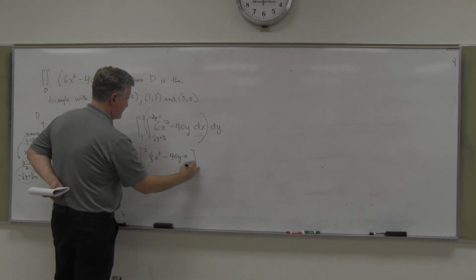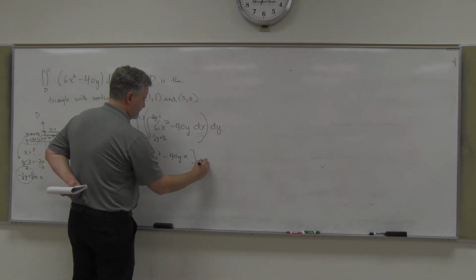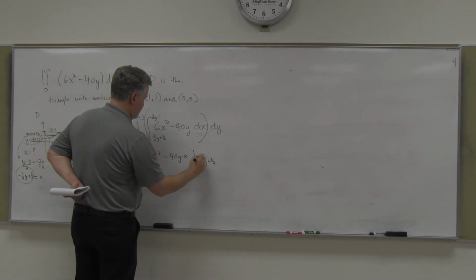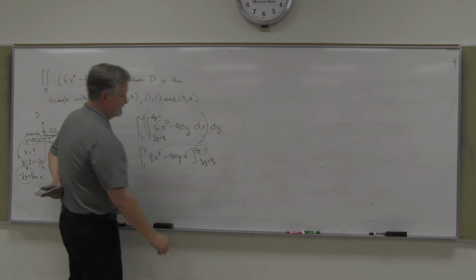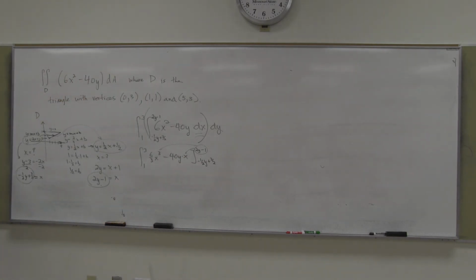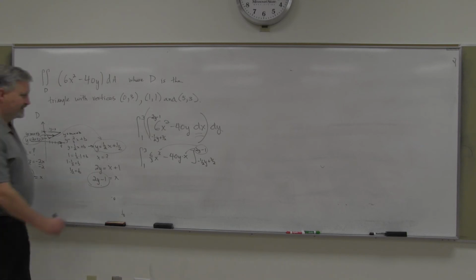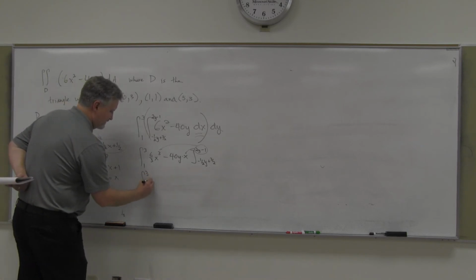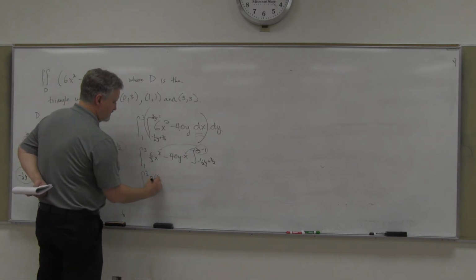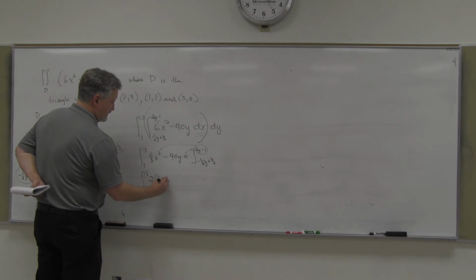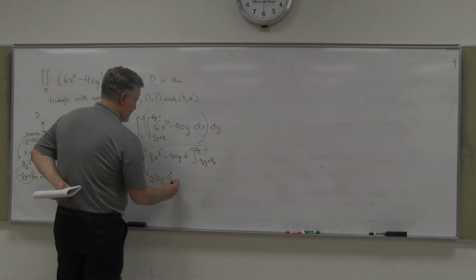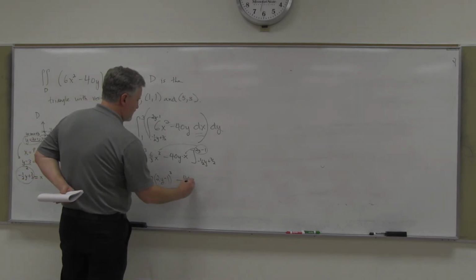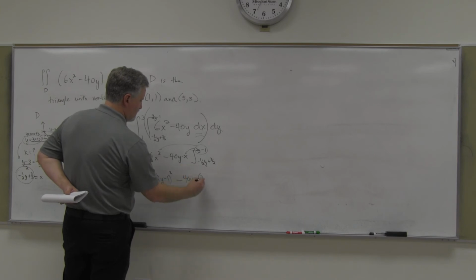Right? Well, the other bad part about this is now I'm going to plug in these for my x's. But it winds up not being that bad. Do a little u substitution. So that'd be 2 times 2y minus 1 cubed minus 40y times 2y minus 1.